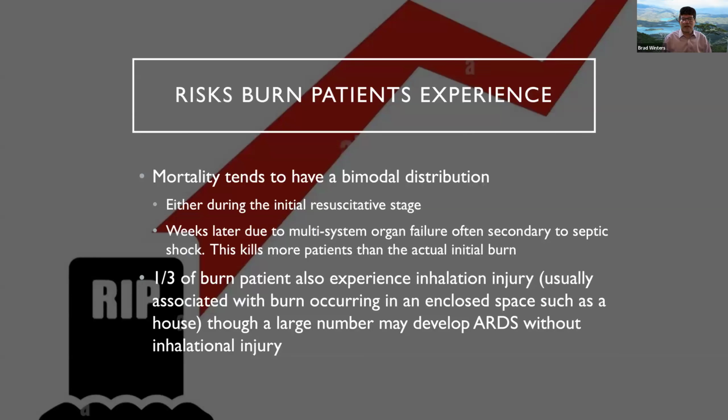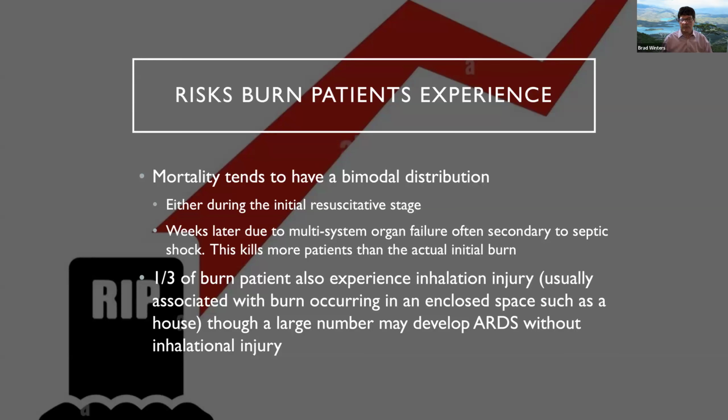Other risks that they experience, of course, mortality. The mortality tends to have what's known as a bimodal distribution. Usually the mortality can be very high up front, usually due to the shock and other injuries that they may have. But then later on in the course, as you can imagine, when infection starts rising as a major threat to the patient, we tend to have another spike in mortality.